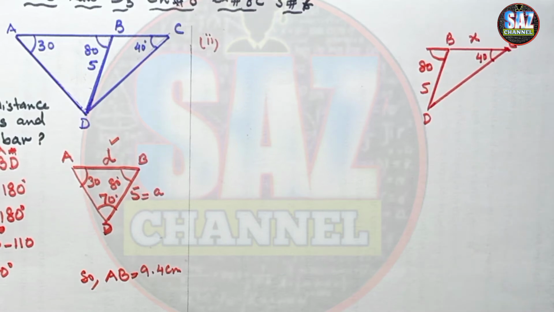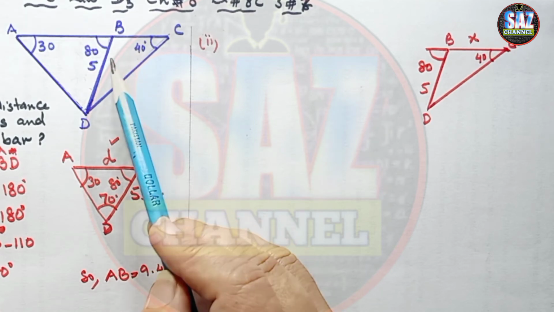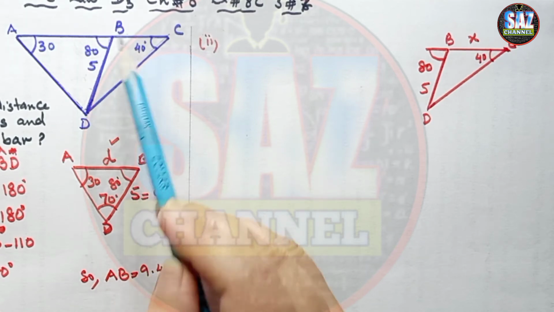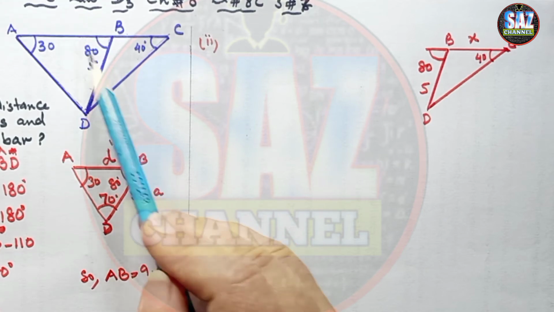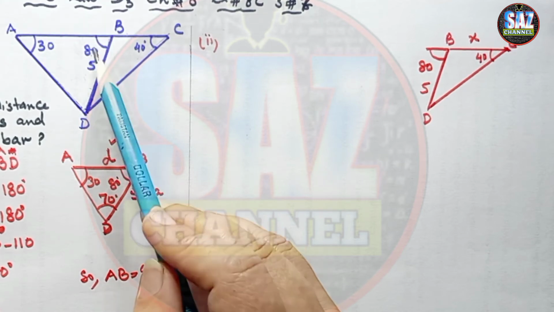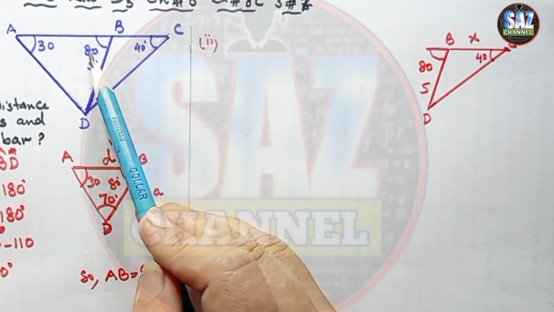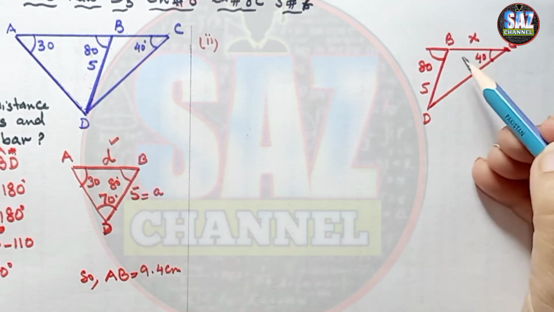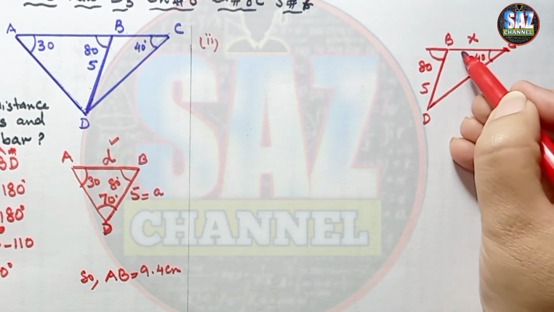Now look at the diagram carefully: the whole angle at B is making a semicircle, and this is the situation of adjacent angles. If some portion of the adjacent angle is given, the remaining will be 180 minus this angle. So this angle will be of measure 100 degrees.